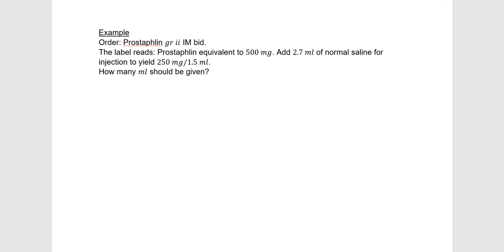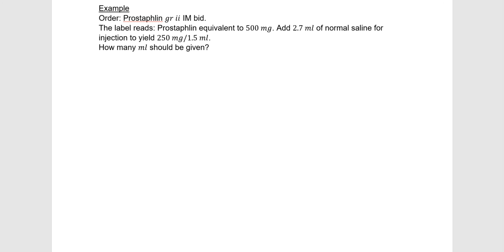Let's do one more example. So we have an order of prostaflin, and it is 2 grains intramuscular twice per day. So remember, the BID means twice per day. The label on the on-hand drug reads it's equivalent to 500 milligrams.